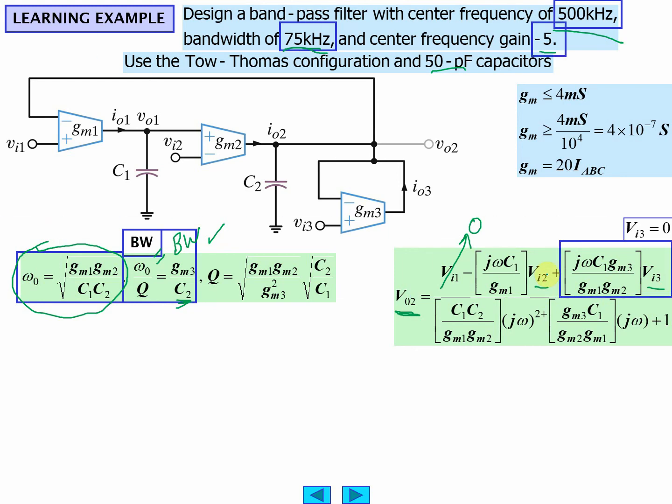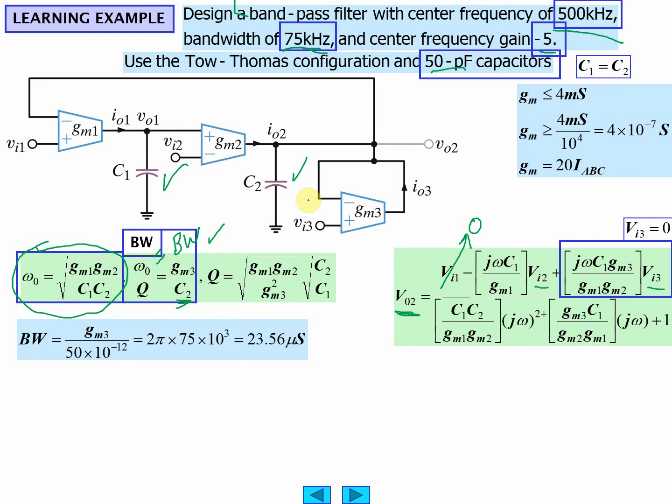And it depends how the equations work out. So center frequency gain of -5, and they're choosing V1 equals 0. So at the center frequency, there we go, 50 picofarad capacitors, both. So we know C1 and C2 also.